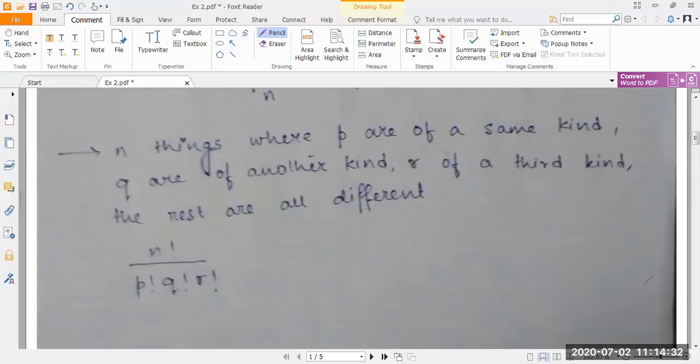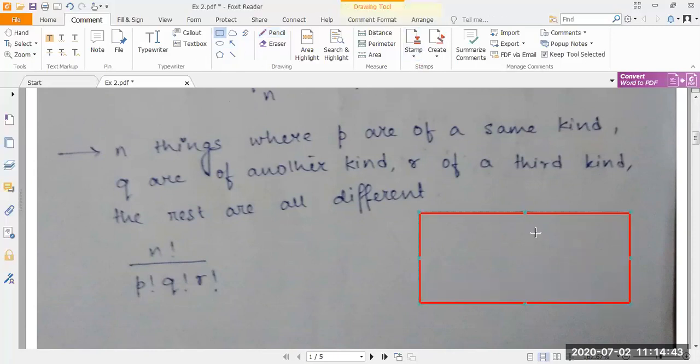Moving on to the next formula, we have n things where p are of the same kind, q are of another kind, and r are of a third kind. Let's draw that pictographically. Let's say I have n number of things, of which there are n number of balls, and I need to choose some permutation of balls from them.